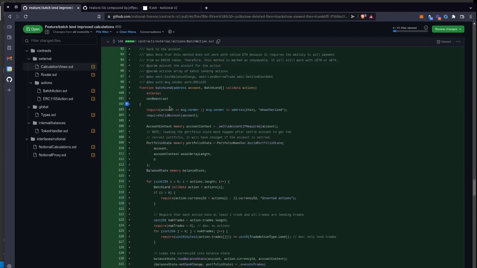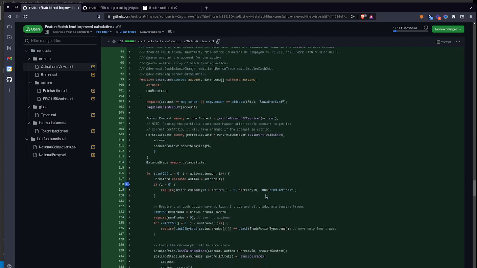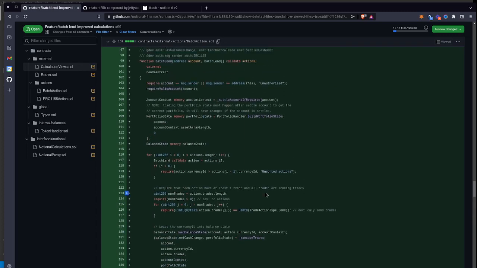And then we also have this batch lend method. The batch lend method is a gas efficiency improvement for lending. Like I mentioned before, with lending there's always the possibility of dust amounts due to changes in time, the sensitivity of the AMM to time.